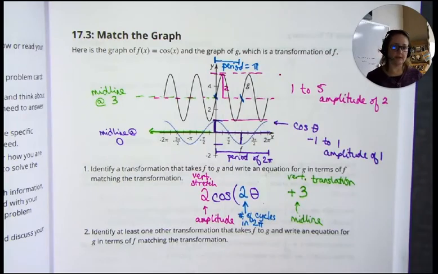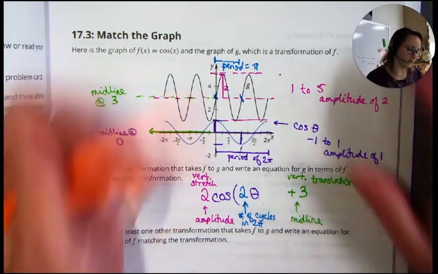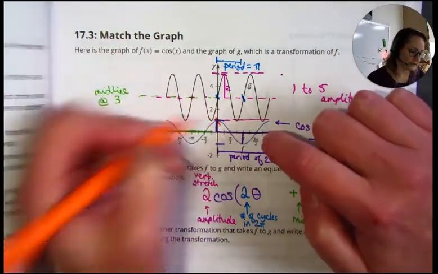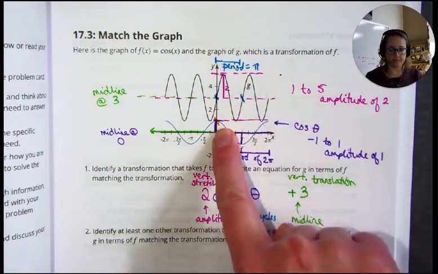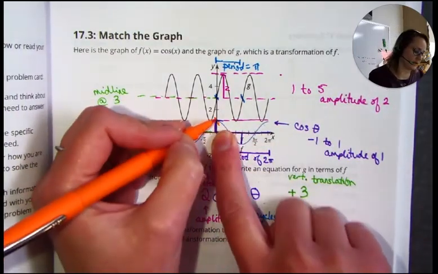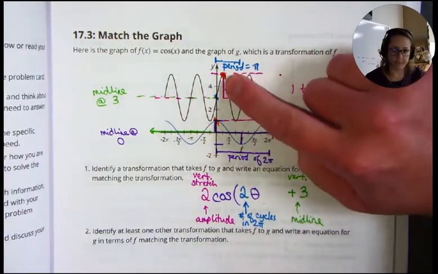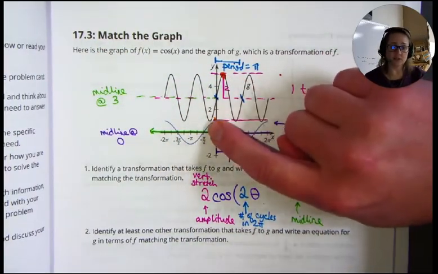Last but not least, as I was looking at that period, I noticed that this has a different starting point. Notice that this started here up at 1, it has a maximum going on there. When I look at the new graph, the maximum is happening here. So it has shifted horizontally.